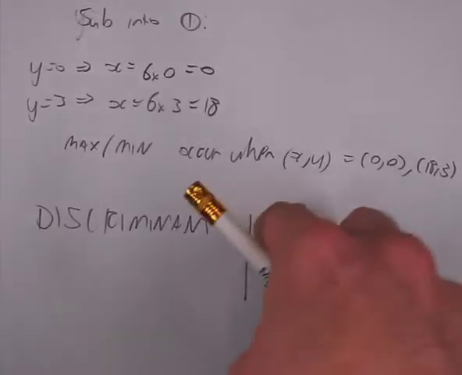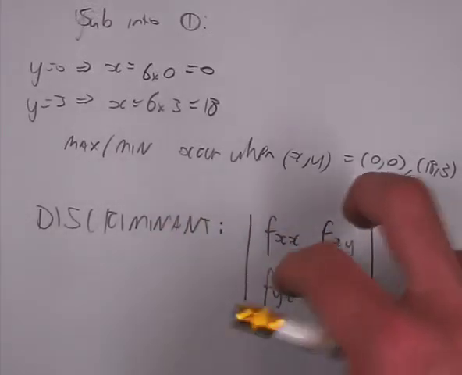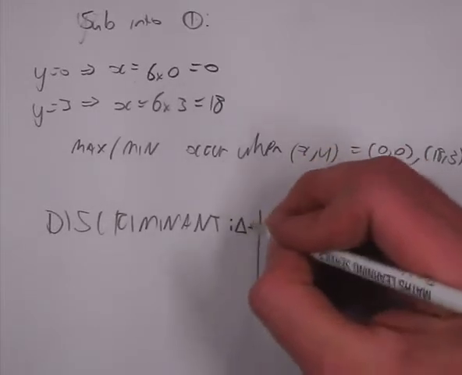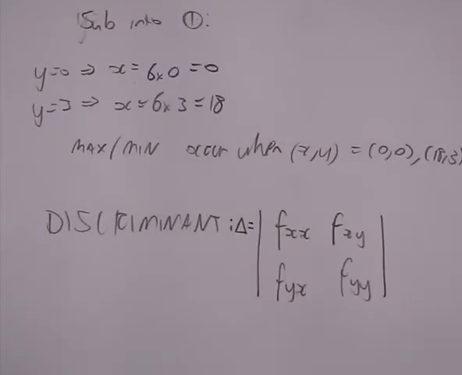It's got the xx and the yy on the diagonal, and the xy and the yx on the other diagonal. If I find the determinant of that matrix, whether it's positive or negative will tell me whether it's a maximum or a minimum. But it's not nearly as easy as that. Never is. They call this delta usually, which is Greek D.